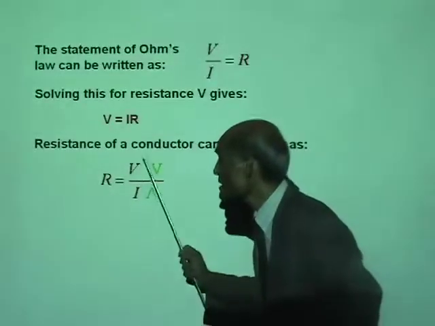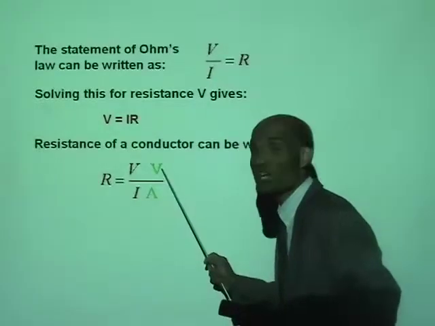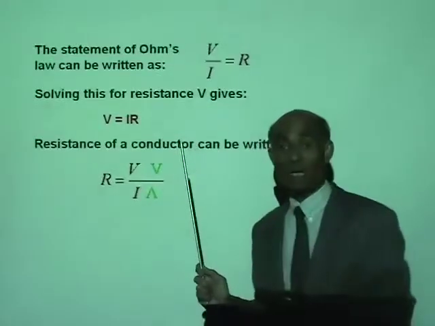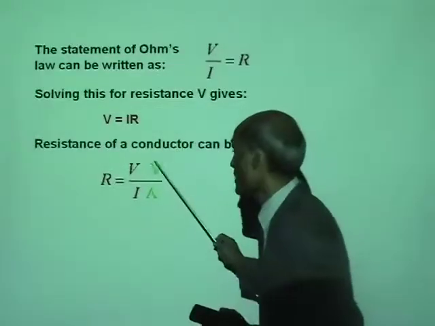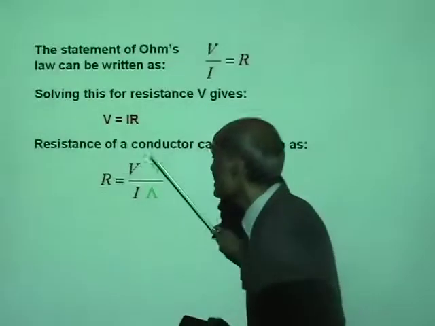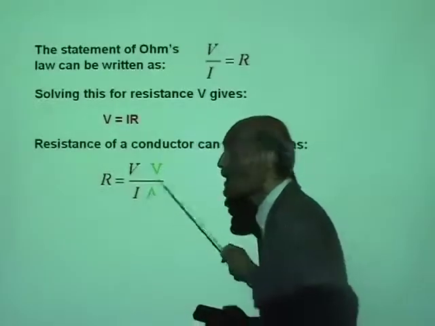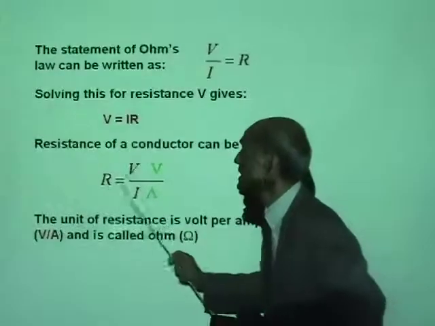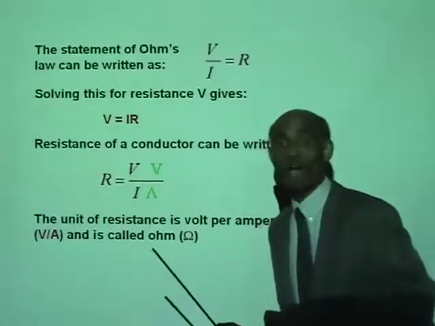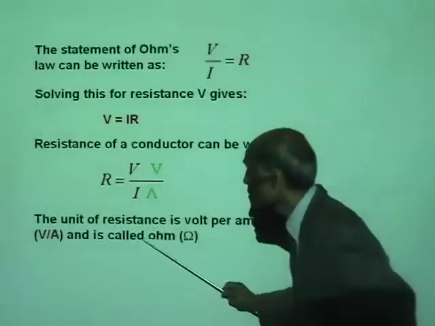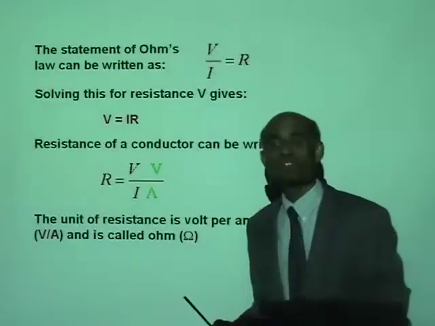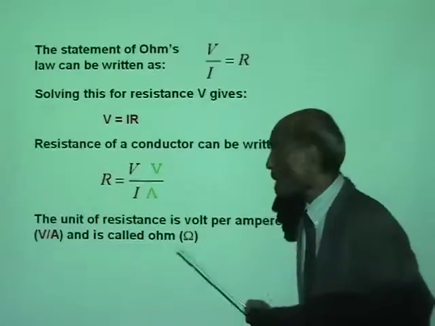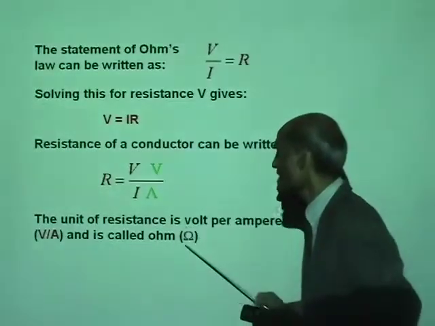So resistance is potential difference measured in volt divided by current measured in ampere, and therefore the unit of resistance is volt per ampere. And that unit, volt per ampere, is called the ohm, O-H-M. And we use the Greek letter, big letter omega. This is the letter omega.